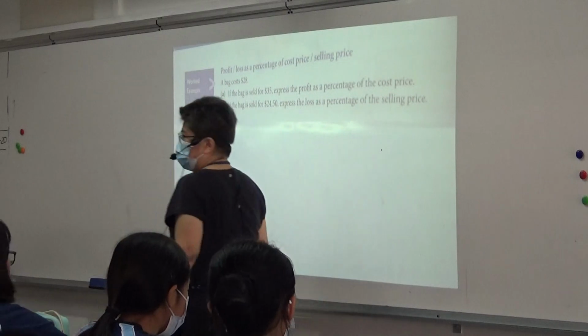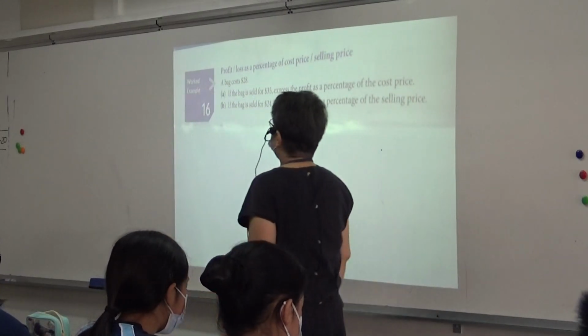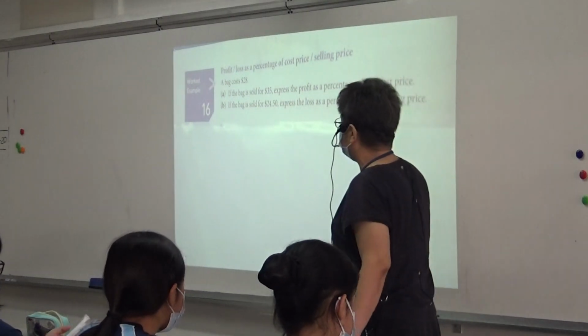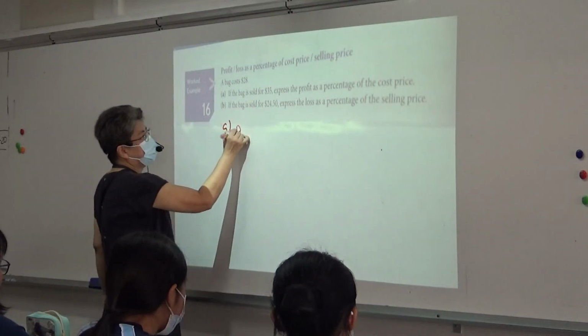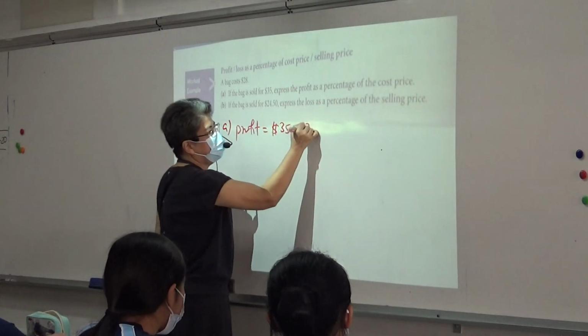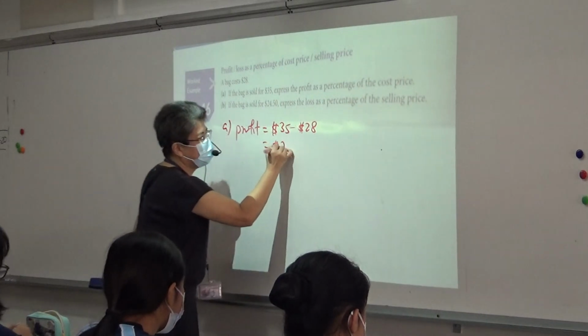A bag costs $28. If the bag is sold for $35, express the profit as a percentage of the cost price. So, first of all, you got to find profit, right? It's 35 minus what? 28. So, how much is this? $7.